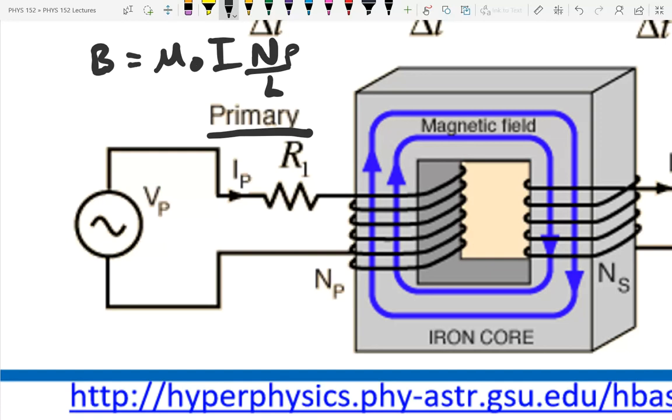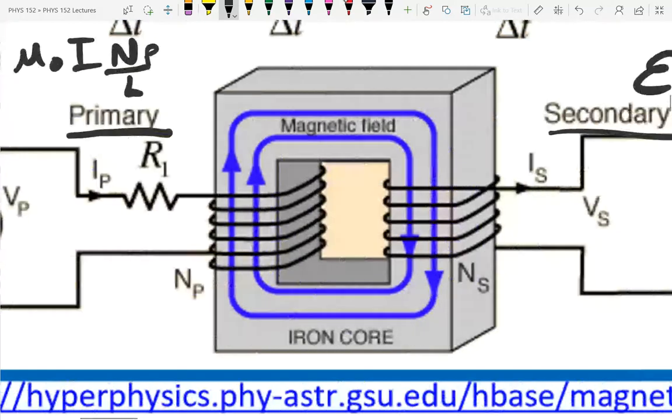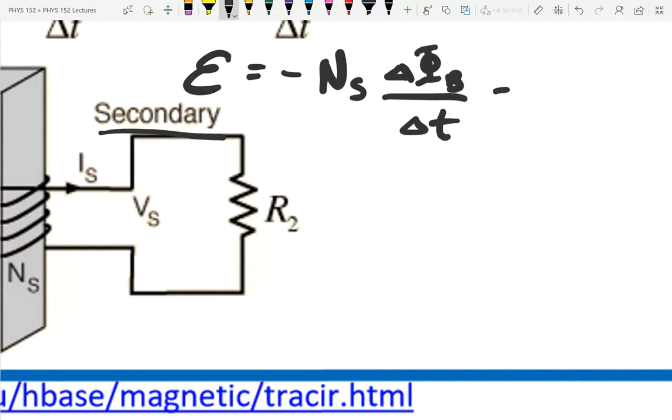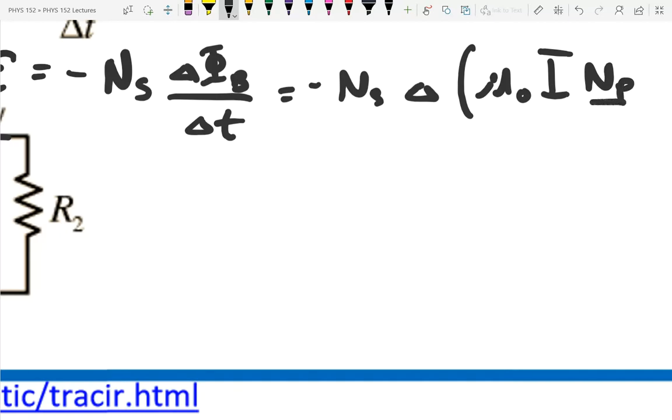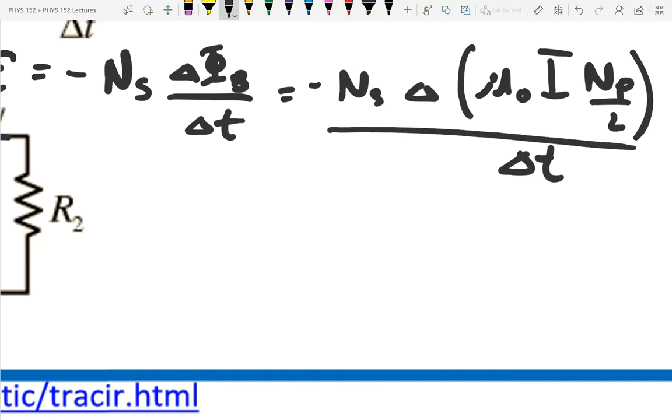So if that's the magnetic field, then over here I'm going to have, so that should be the voltage I'm getting out.